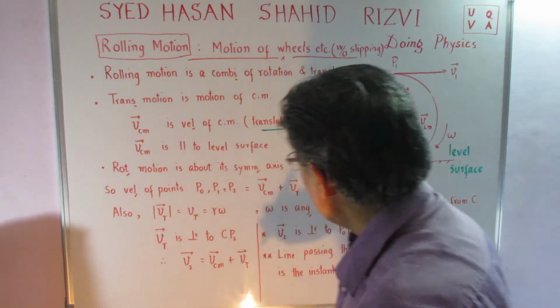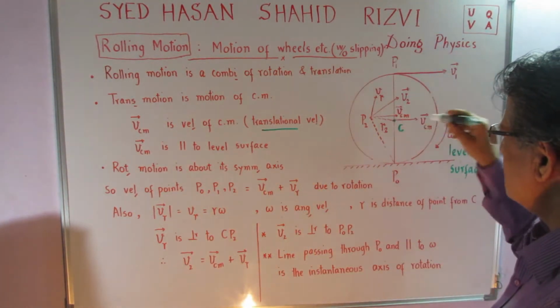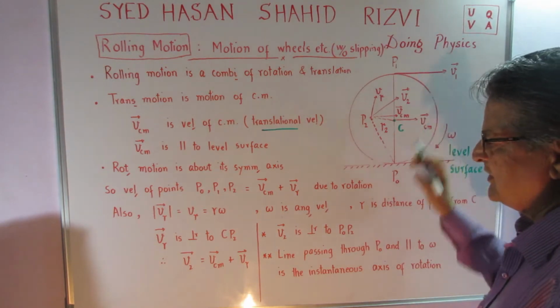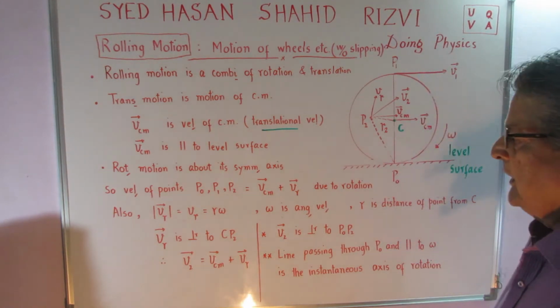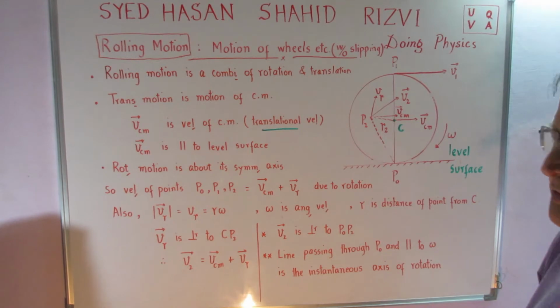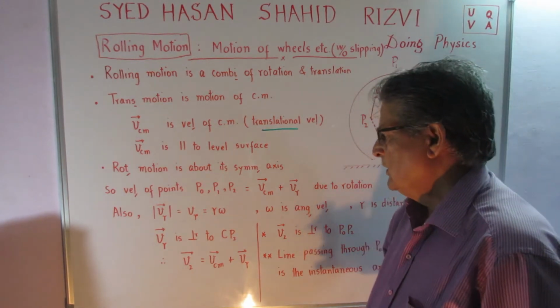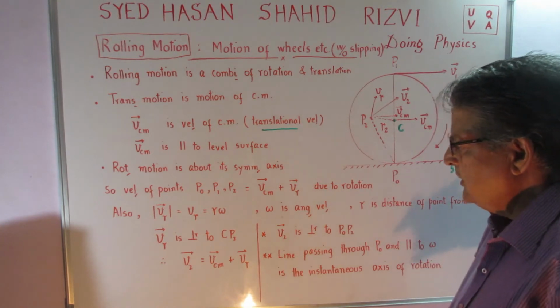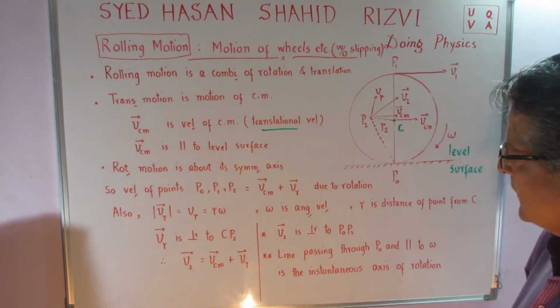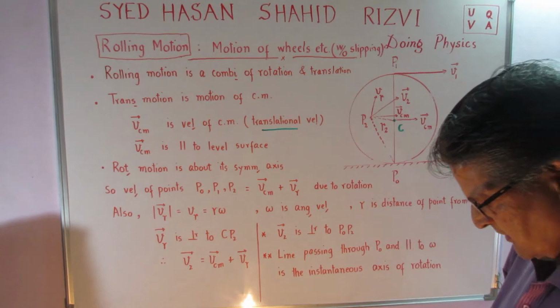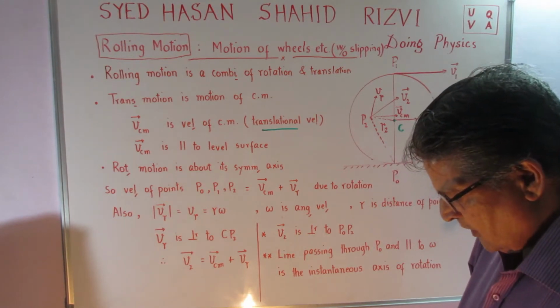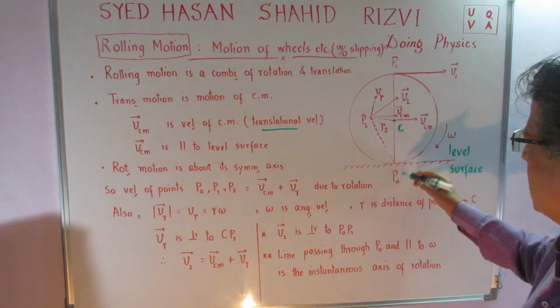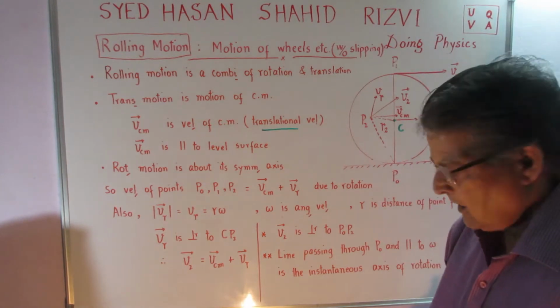The axis is coming out of the board, or going into the board, that's immaterial. It is the symmetry axis of the body under rotation.